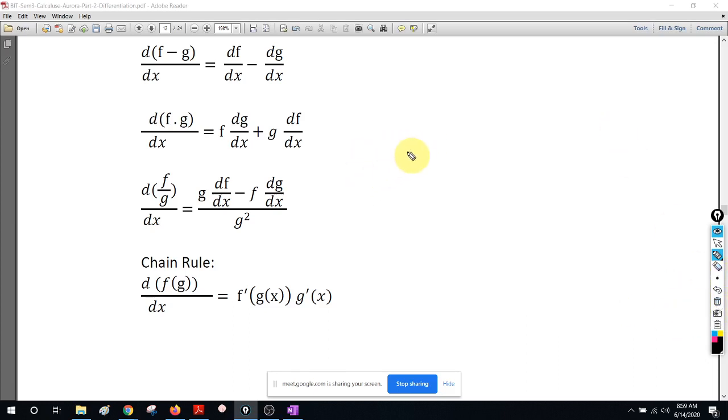So if you have something like this, d by dx of ln e to the x. This is what I want to do, right? I want to differentiate ln e to the x.